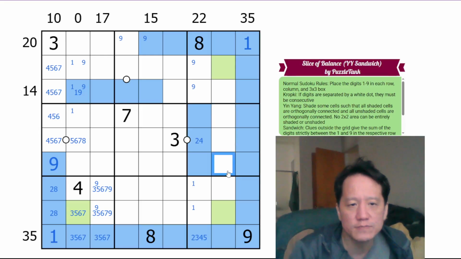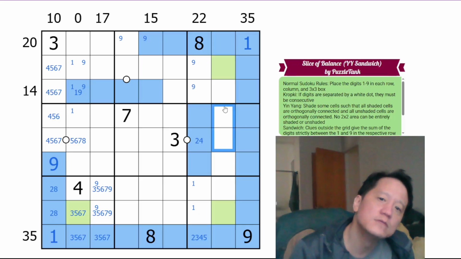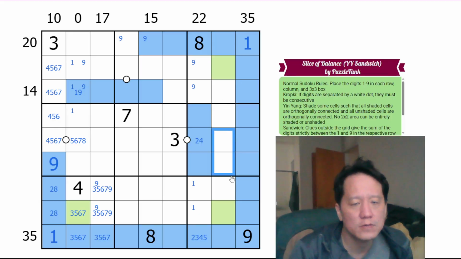That's interesting. If this is green, it has to exit out somewhere. But we could have 2 greens here, and then that would satisfy the 2 by 2 areas here.